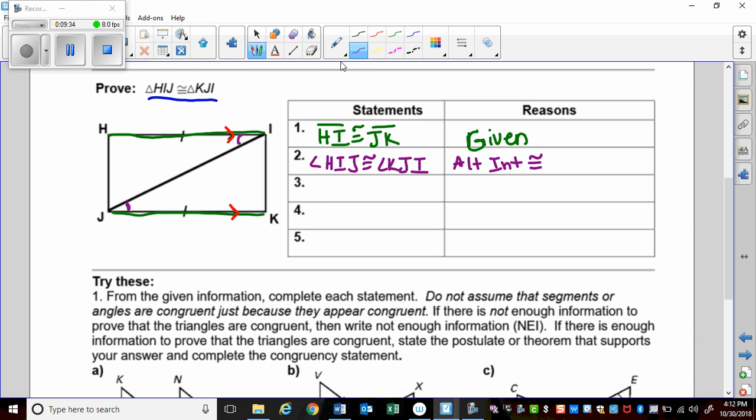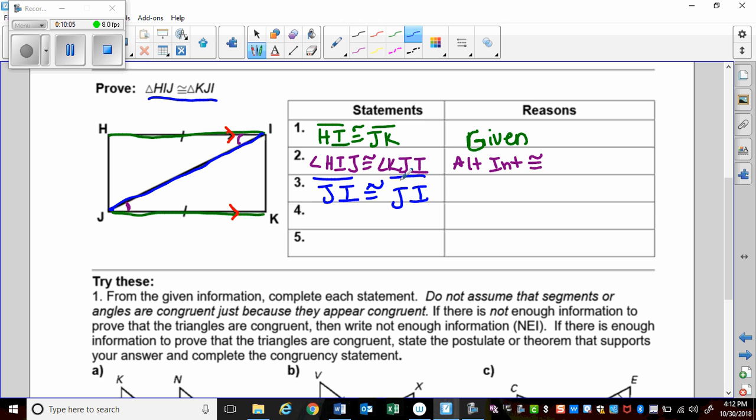I plugged it in. Now, one more thing we can always assume is congruent. If my triangles have a shared side, then the side is congruent in both triangles, which makes sense. So I'm going to say that in this top triangle, JI is congruent to, in the bottom triangle, IJ, or JI again.